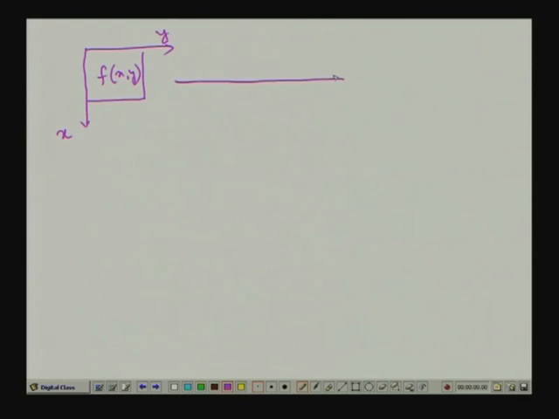First we do the row transformation, that is, take the Fourier transformation of every row of the input image and multiply the result by capital N. What I get is an intermediate result array, which gives the Fourier transformation of different rows of the input image.